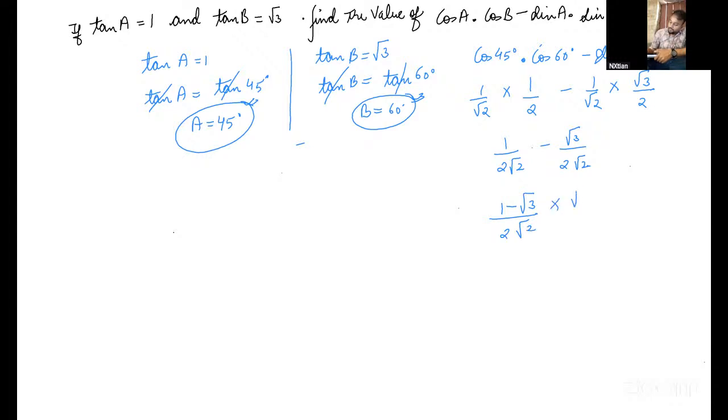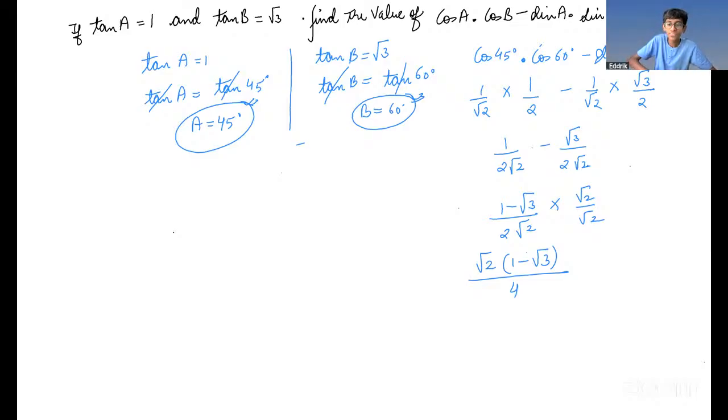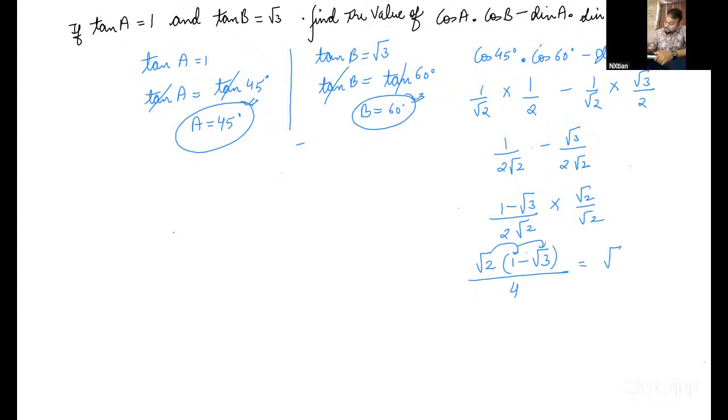I have to rationalize it. This is the answer, root 2 minus root 6 by 4. You can do this also, multiply with both the terms. It will become root 2 minus root 6 by 4.